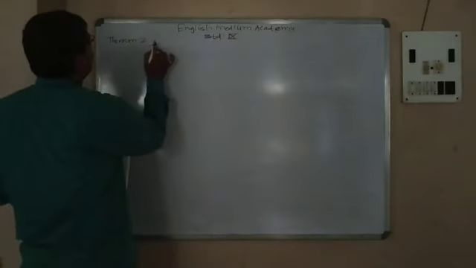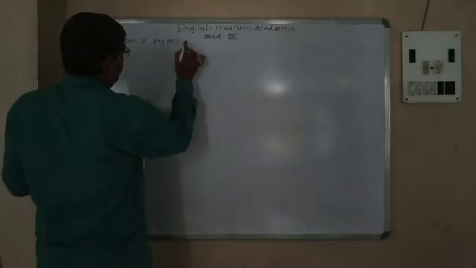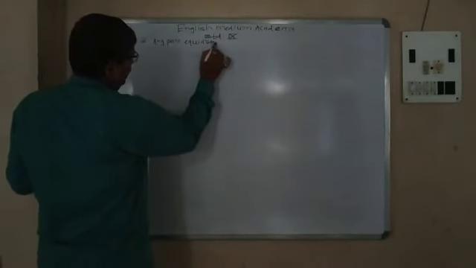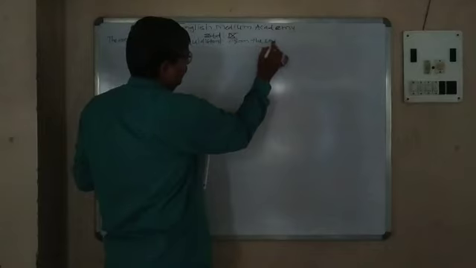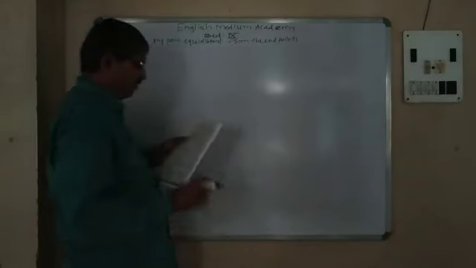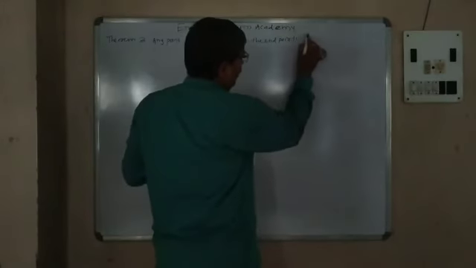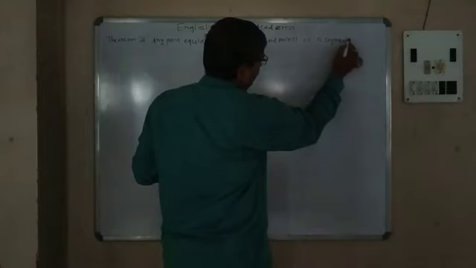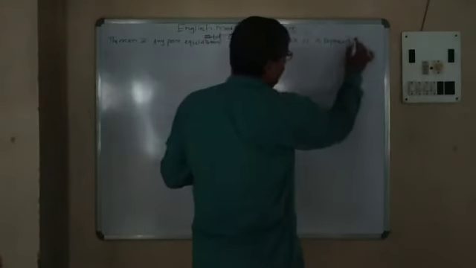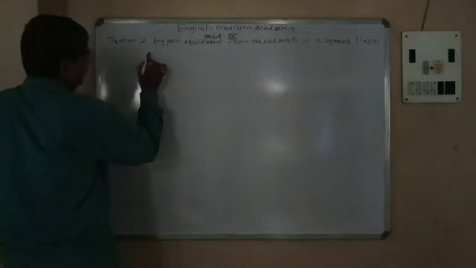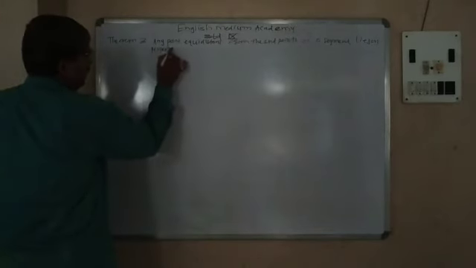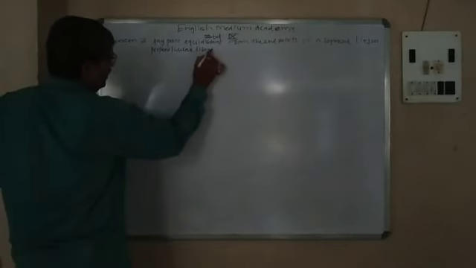I will write here theorem: any point equidistant from the end points of a segment lies on the perpendicular bisector. Okay, so then we should write here given.